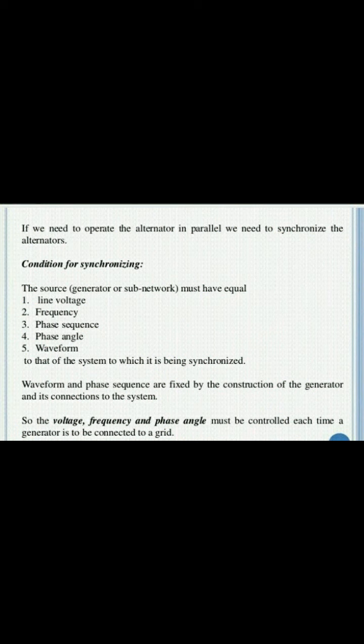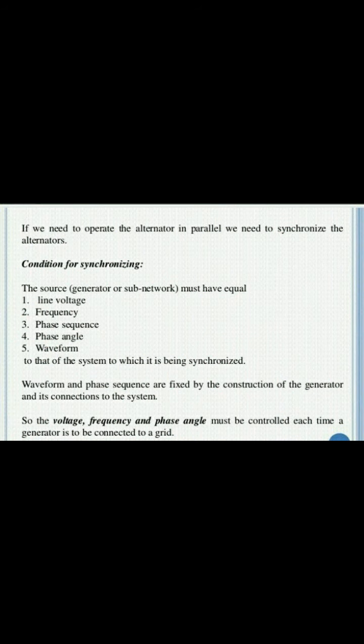Basically the waveform and phase sequence are fixed by the construction of the alternator. So the voltage, frequency and phase angle must be controlled each time so as to be connected to a grid.